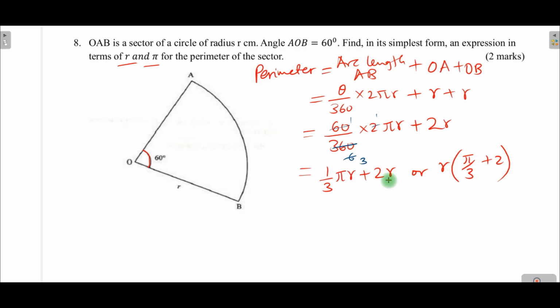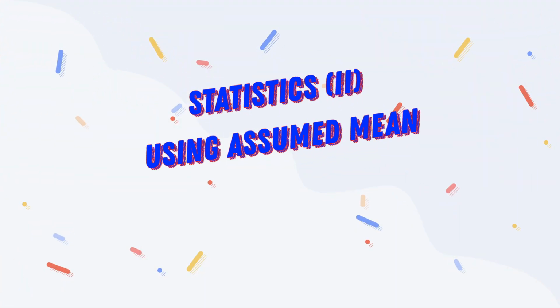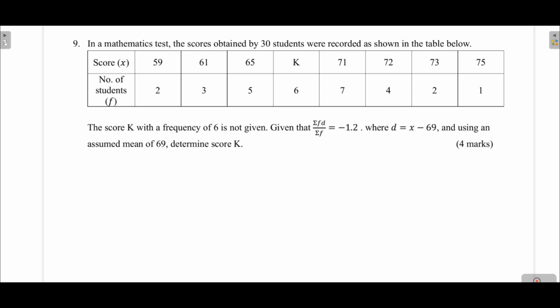We move on to question number 9. In a mathematics test, the scores obtained by 30 students were recorded as shown in the table below. The score K, with a frequency of 6, is not given.